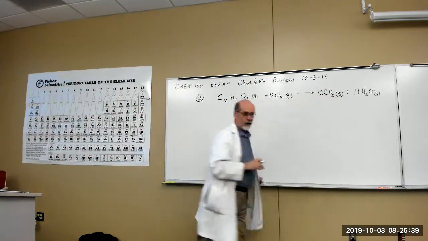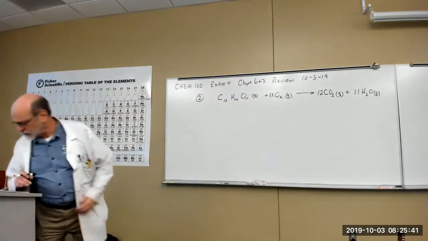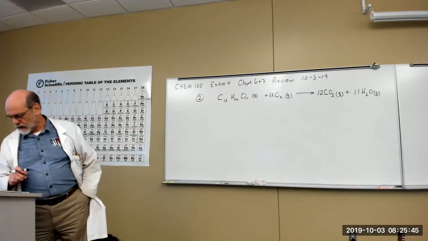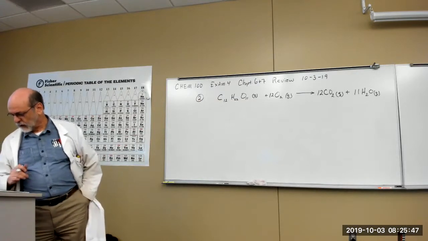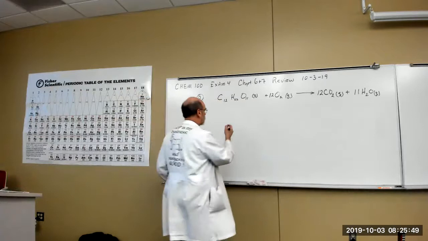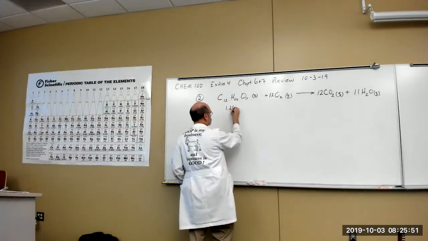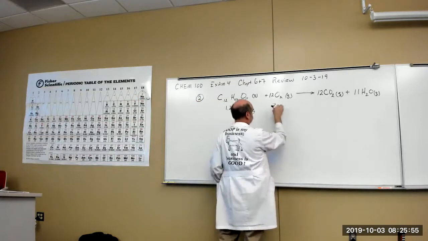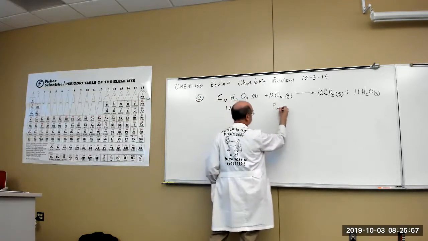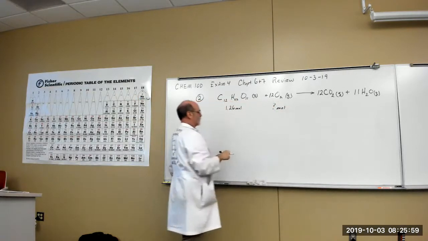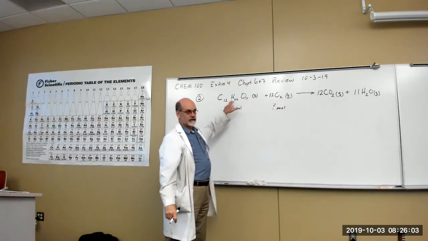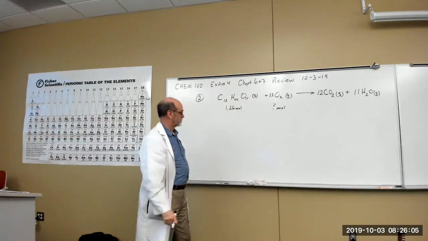All right, so now what was the question? How many moles of oxygen are required to react completely with 1.26 moles of sugar? 1.26 moles. We want to know how many moles of oxygen are required to react completely with that many moles of sucrose.